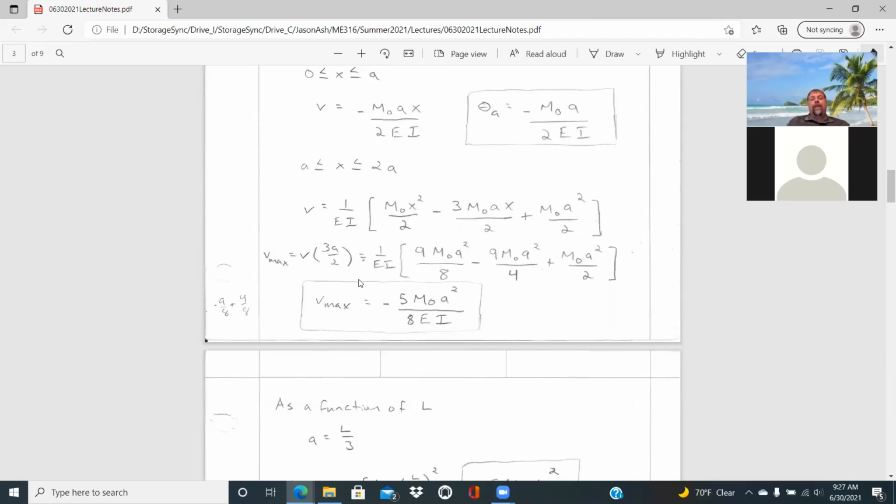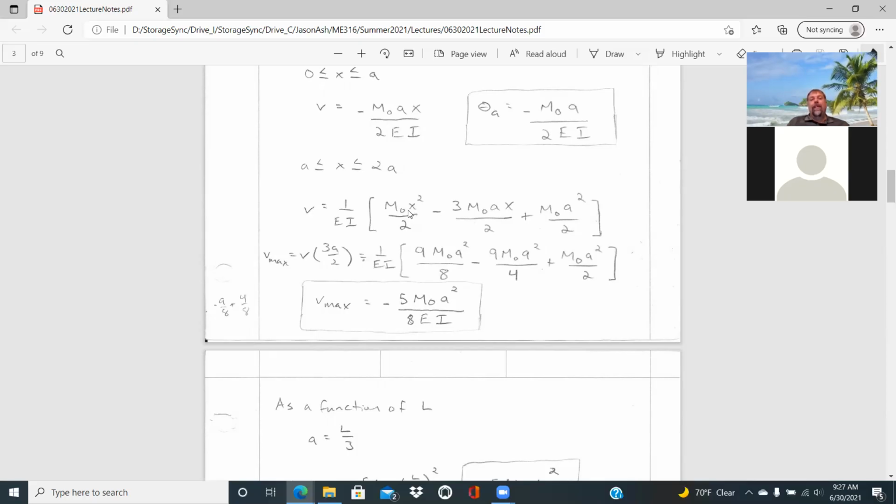We could also figure out what the maximum displacement is. Just the way that is orientated, that would occur at 3a over 2 due to the symmetry.